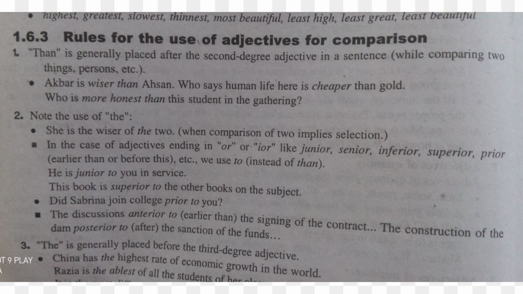This book is superior to the other books on the subject. Did Sabrina join college prior to you? The discussions anterior to (earlier than) the signing of the contract, the construction of the dam posterior to (after) the sanction of the funds.